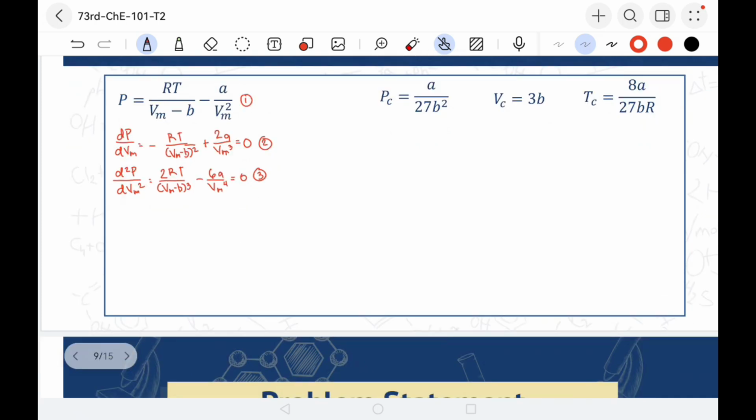Now that we have these three equations, let us manipulate equation 2 so that we can have a better visual. So RT over (Vm minus B) squared is equal to 2A over Vm cubed. That is equation 2. For equation 3, we have 2RT over (Vm minus B) cubed is equal to 6A over Vm to the 4th.